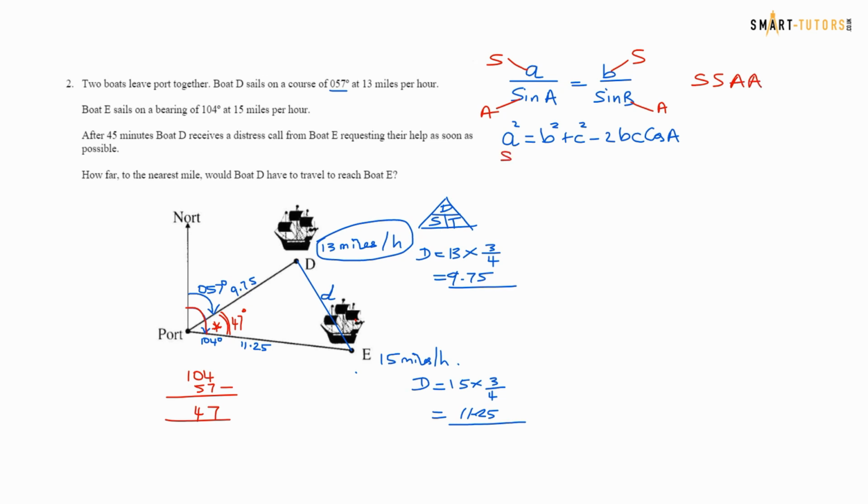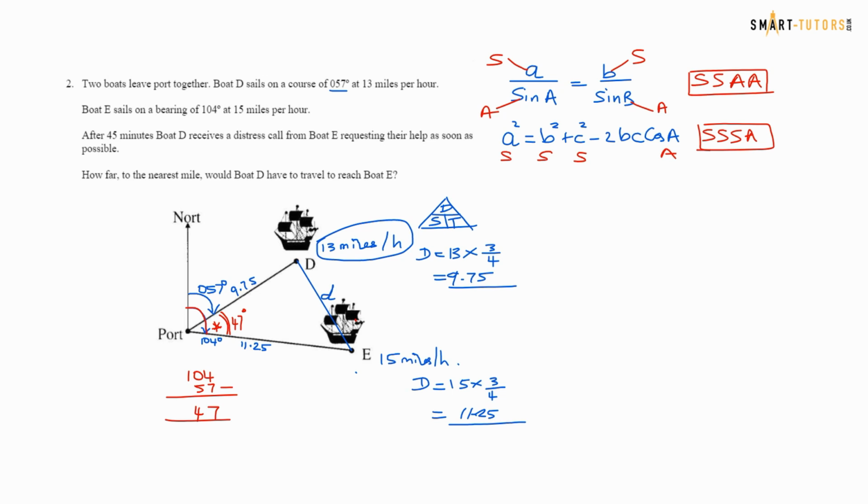Here in the cosine rule, b and c are sides, a is a side, and this is an angle. So it's 3 sides and 1 angle: SSSA. This is the key thing. In a question, if there are 3 sides and an angle involved, use the cosine rule. If 2 sides and 2 angles are involved, use the sine rule.